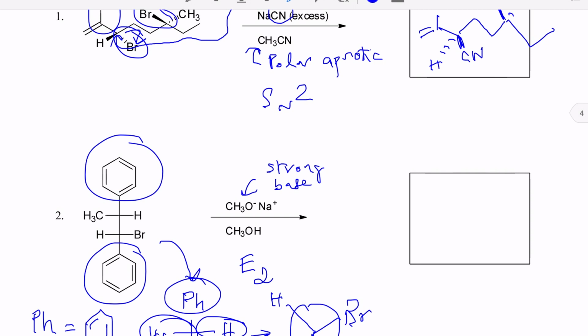And so these correspond to, if we were to look at this molecule in this direction, we would see that the phenyl group is pointed downwards with the hydrogen atom and the bromine atom pointing upwards. And we can do the same with this set right here.